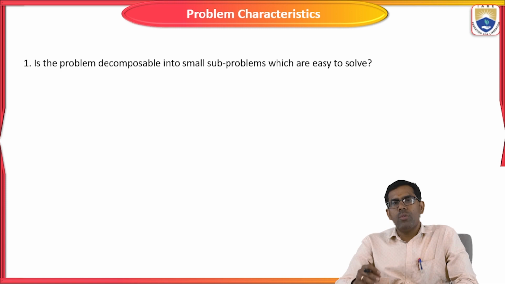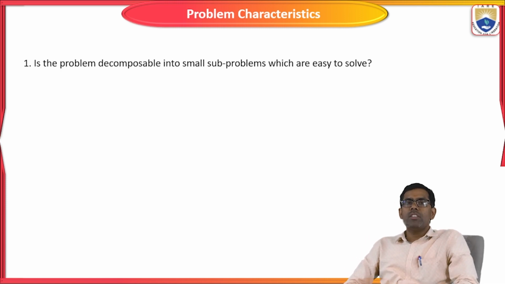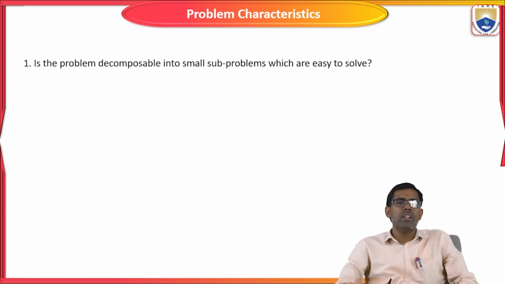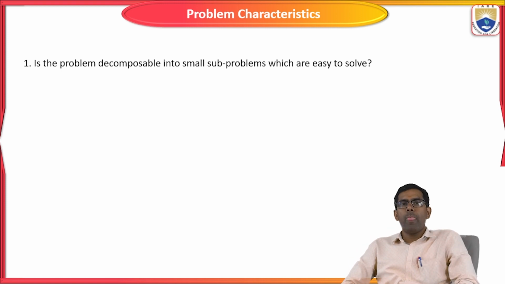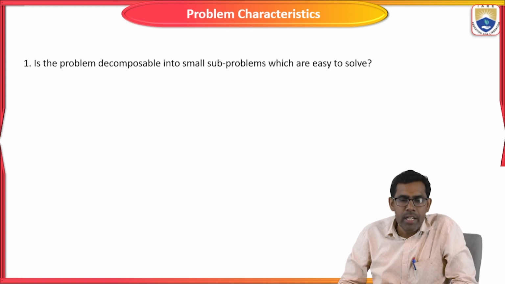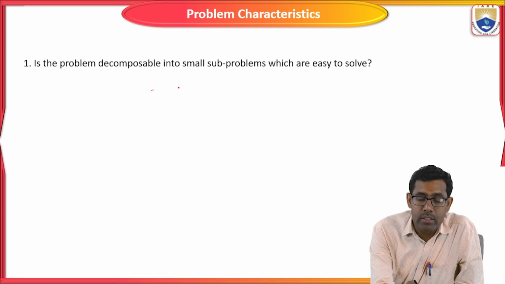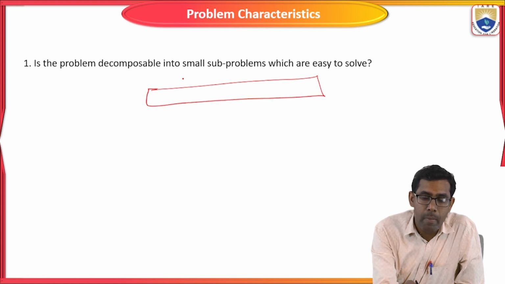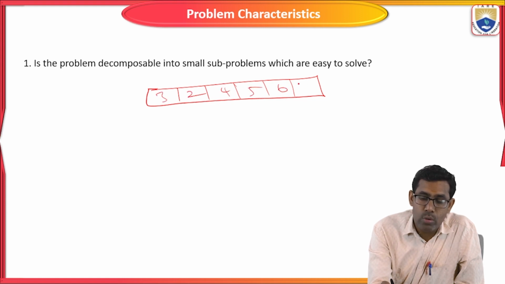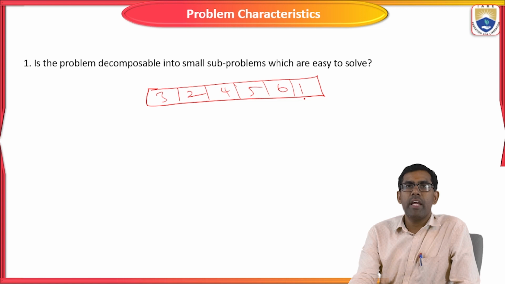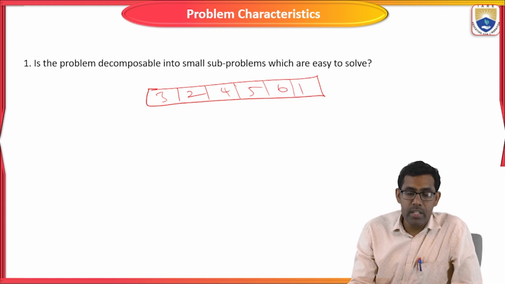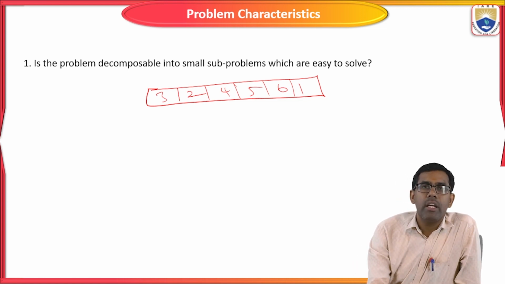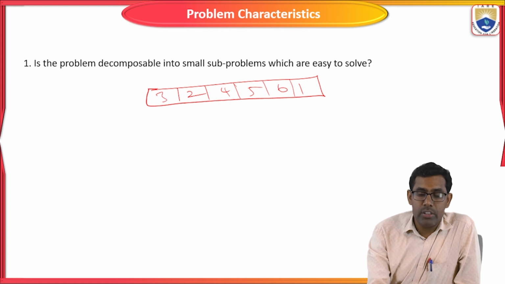For example, merge sort. Everyone is familiar with merge sort in data structures. If you have n number of elements, for example 3, 2, 4, 5, 6, 1, so we have six elements in total to sort.